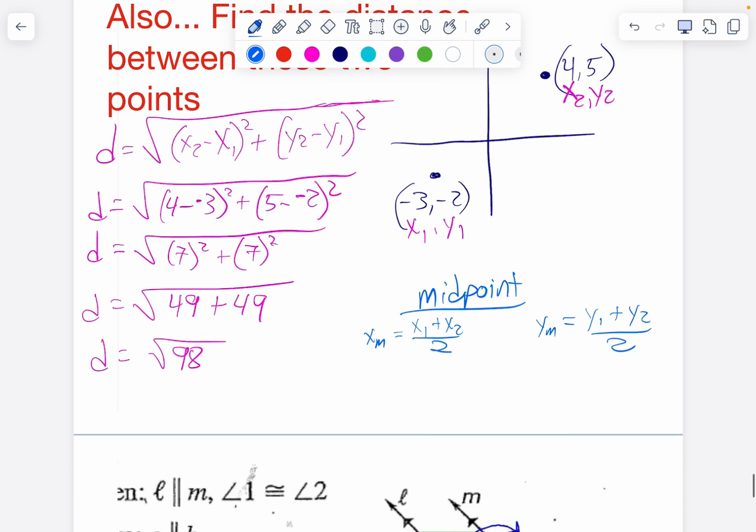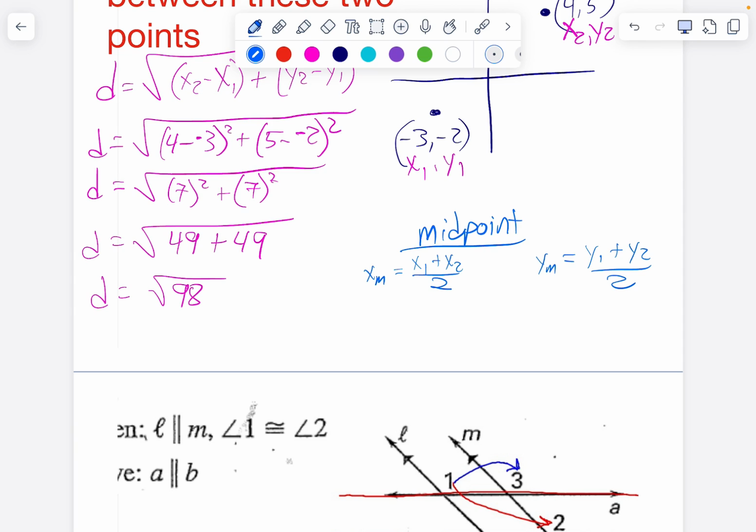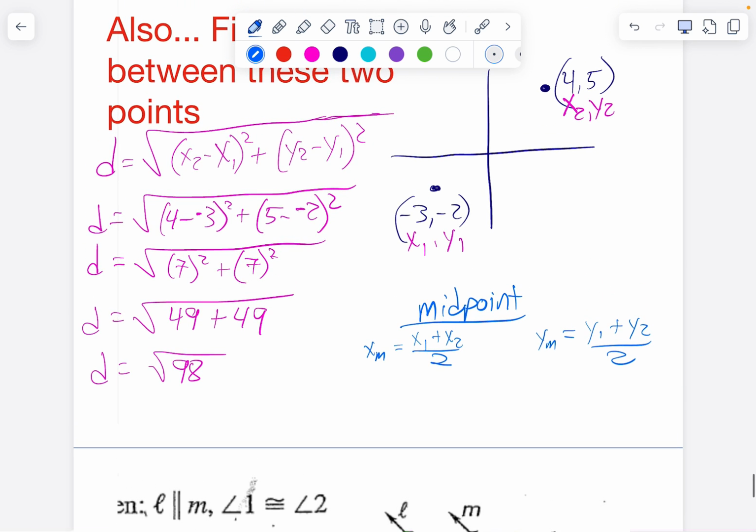And then I'm just subscripting x sub m. That just means the midpoint coordinate, right? And then these are just different x's that are involved. So it's similar to what we did in the distance, only this time we're adding, so we have to be careful. So -3 plus 4 divided by 2. And over here, -2 plus 5 divided by 2.